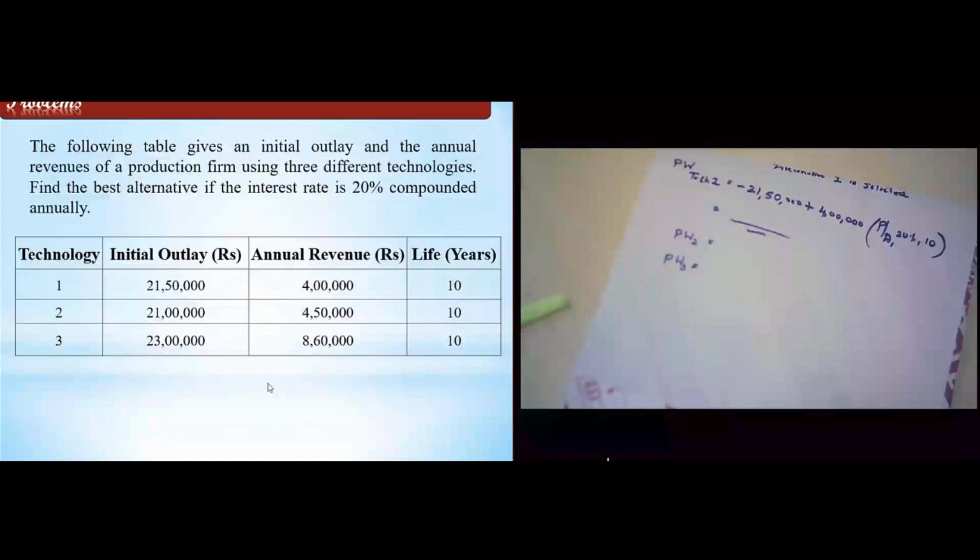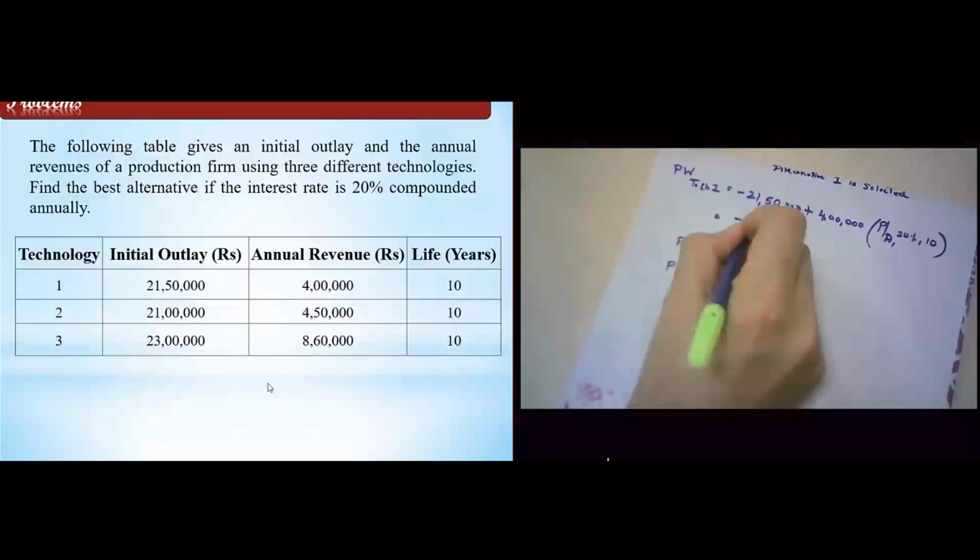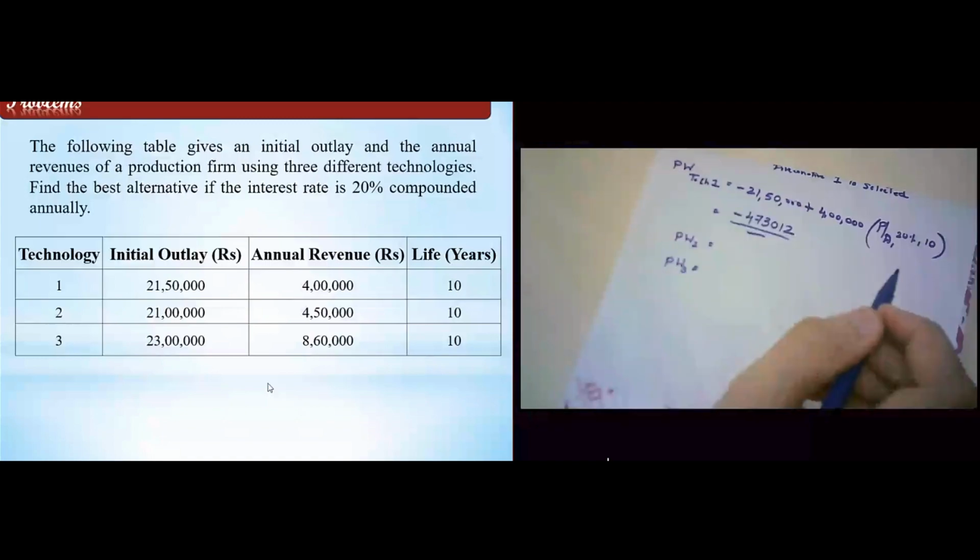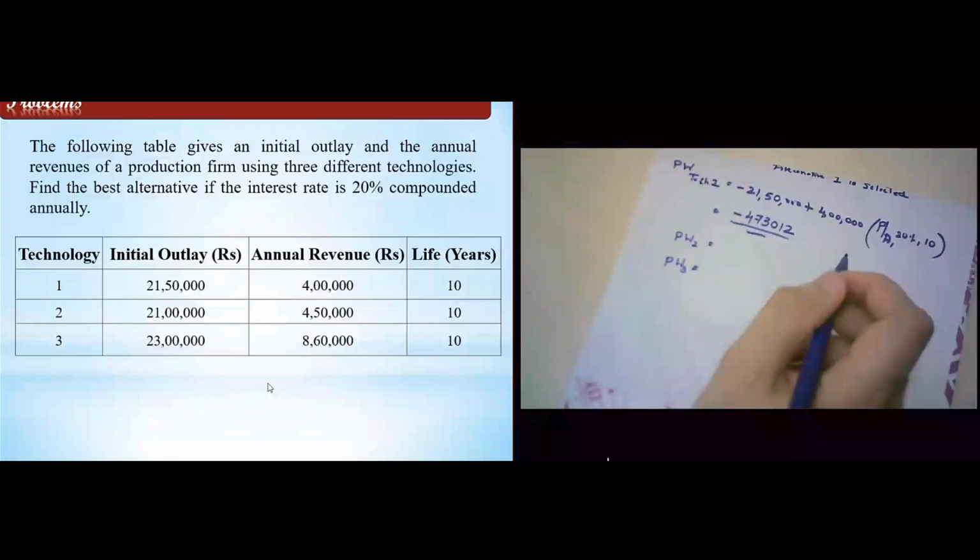So present worth for the first case is minus 4,73,012. For the second case, minus 2,13,388.